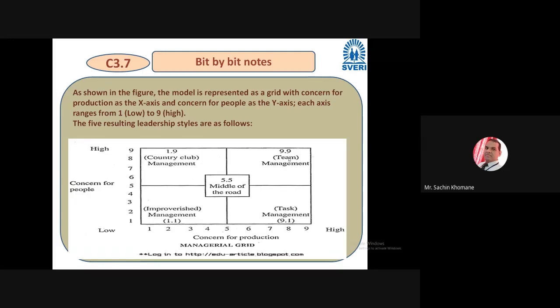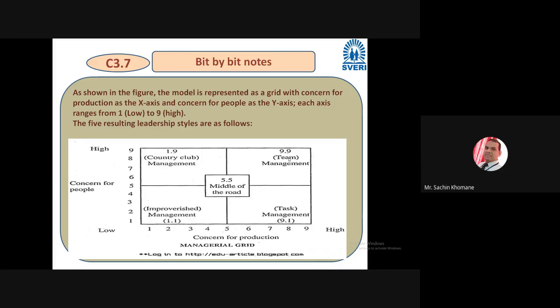At least at this stage, let us consider this 1.1. What is the meaning of this? It is improvised management. Let us forget for now what improvised management is. Just as you are engineers, you can understand graph points, right? From the x-axis 1 is taken, and from the y-axis 1 is taken. So it becomes 1.1. Both ones are there.